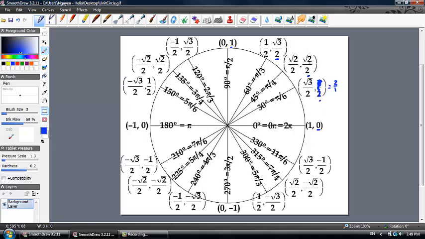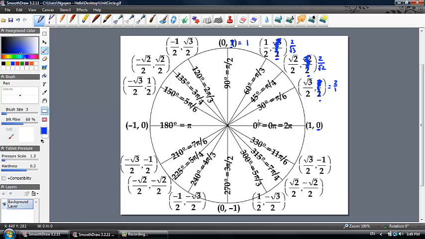At pi over 4, rather than rad 2 over 2, we have 2 over rad 2. And same thing for pi over 3, it becomes 2 over rad 3. And 1 over 1 is really just 1, so that doesn't change much.